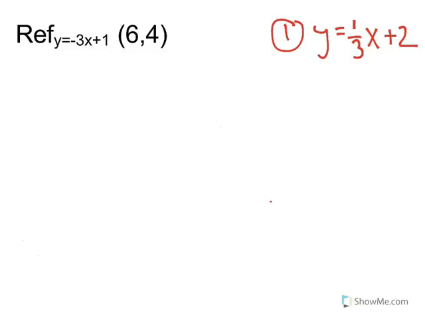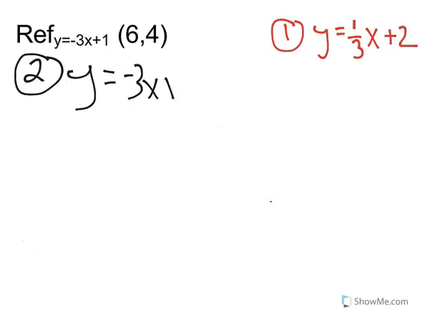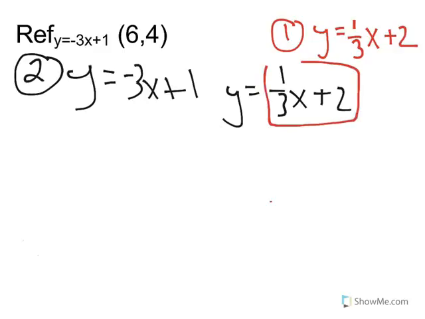Now the second step was to figure out where the lines intersect. So where does y equals negative 3x plus 1 intersect with y equals 1/3 x plus 2? To figure that out, you're going to solve a system, because the intersection point of two lines is the answer to a system of equations. I'm going to use substitution here because I can substitute in for y.